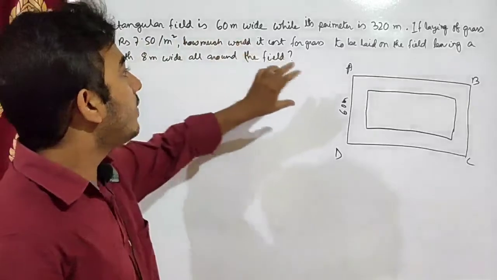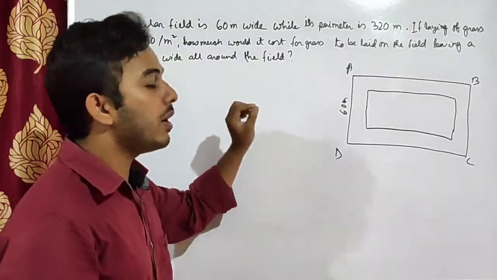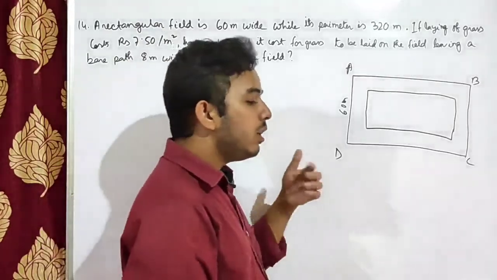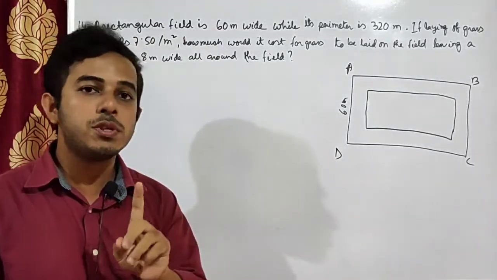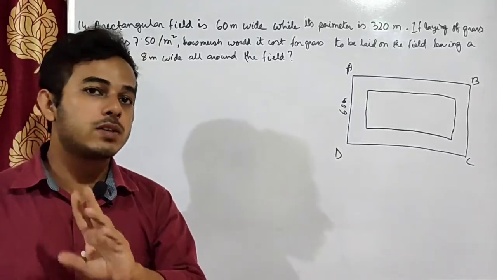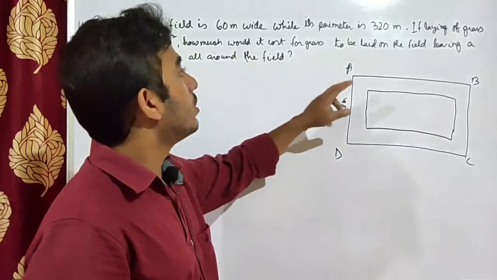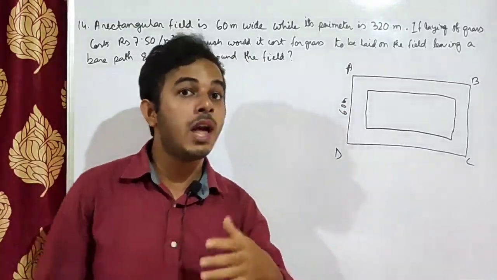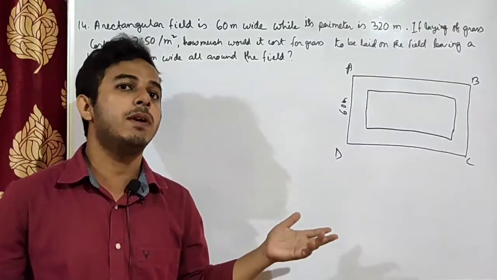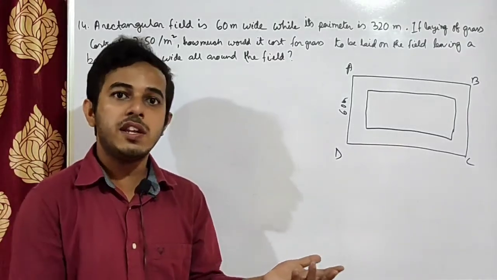If laying of grass costs rupees 7.50 per meter square, that means if I want to put grass on the field, it will cost 7.50 per square meter. Now we have to find the total cost. For finding the total cost we have to find how many square meters my field is, that means the area of my field.